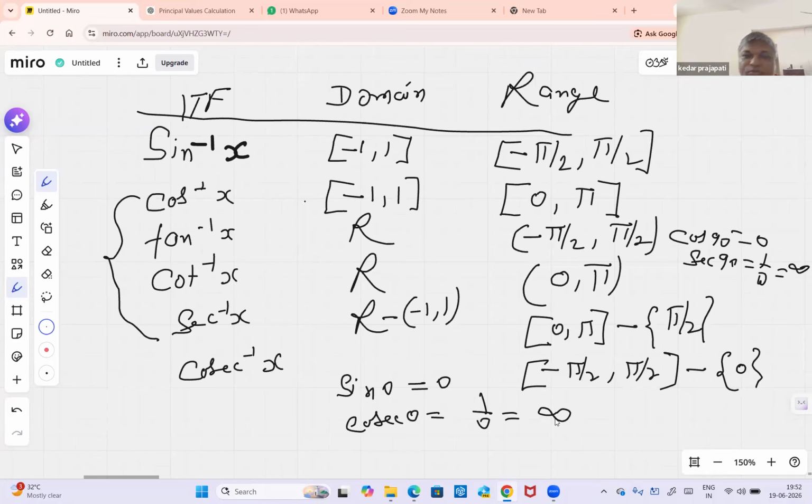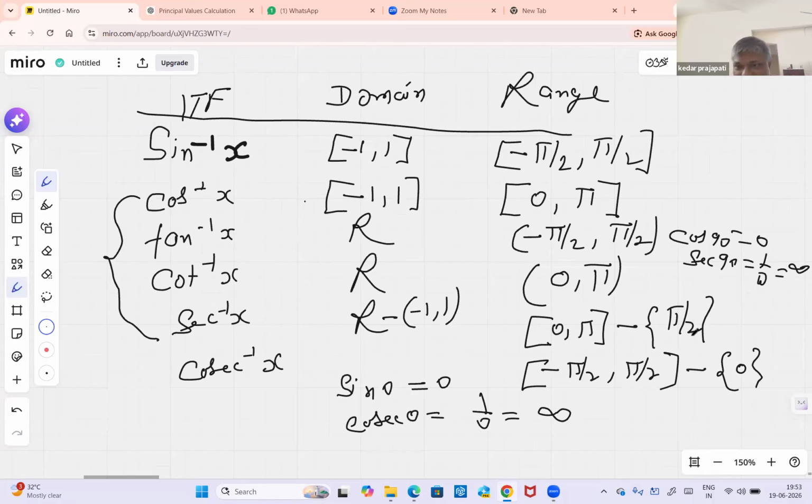In which places is an identity not defined? Suppose cos 90 is 0, so sec 90 will not be defined. That's the reason. Just remember these three identities: sine, cos, tan. And sec inverse x is the reciprocal of cos, so just write the range of cos and the angle at which cos is not defined.